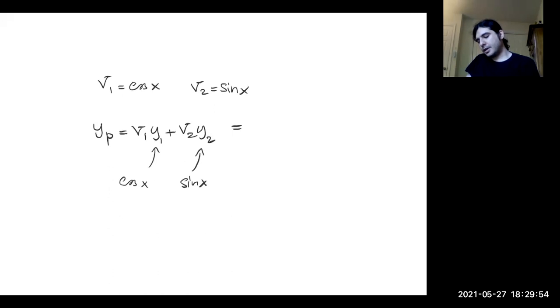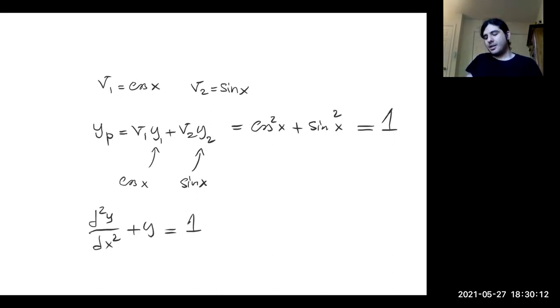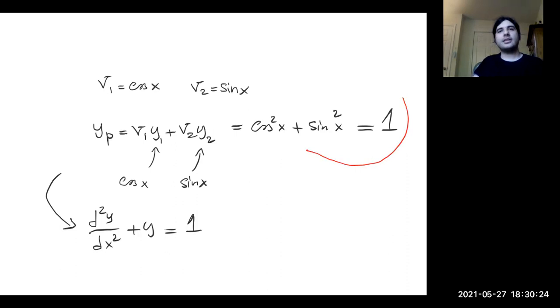So here would be cosine times cosine, which would be cosine squared, plus sine times sine, which would be sine squared, and that would be 1. So the particular solution is just 1, which of course we could guess. If you let y be equal to 1, of course that would work. That would be a solution to this equation. But this was a more complicated way to find the same thing that we could guess.